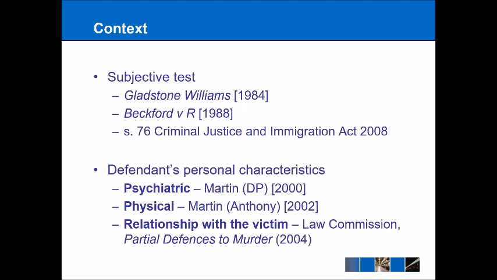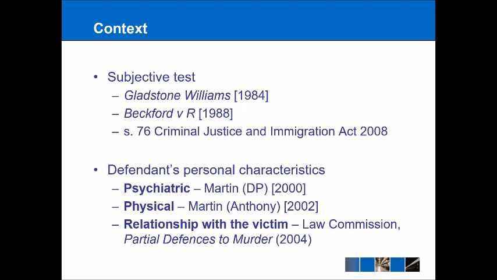This was decided in the Martin case from 2000, where it was found that the defendant had schizoid affective disorder. But this idea of looking at the psychiatric makeup was questioned on policy grounds in the subsequent case of Tony Martin 2002. So it's not really clear whether we can look at the psychiatric makeup of the defendant.